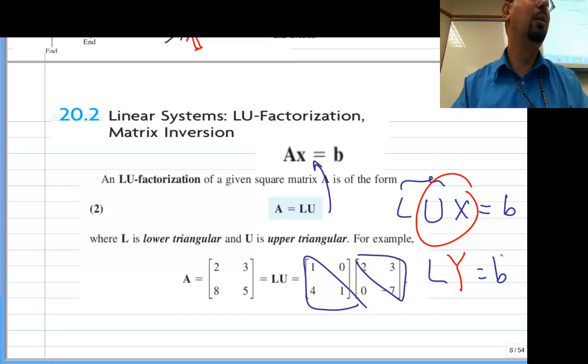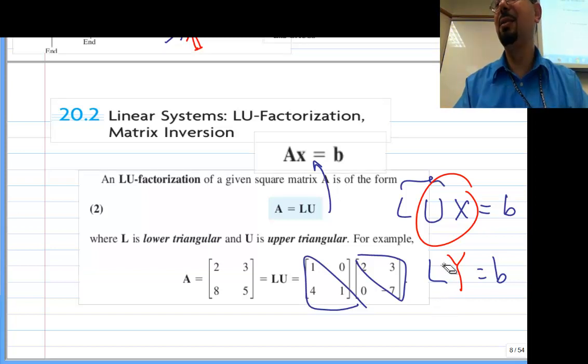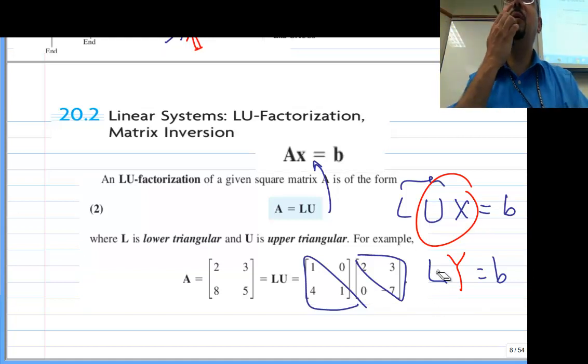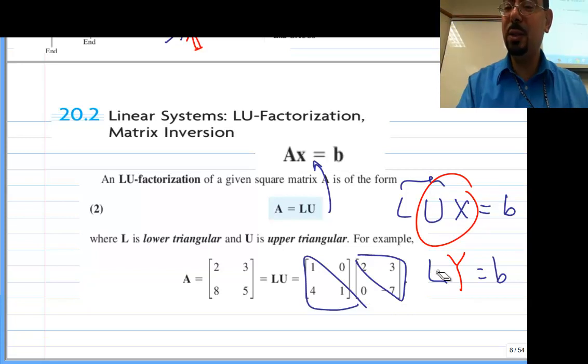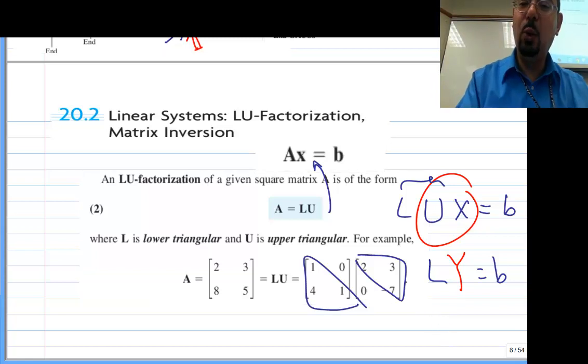Yes. Why? Because it's a lower triangular matrix. There is a back substitution for it. You get the solution. And then what happened after that? Remember, Ux is y.